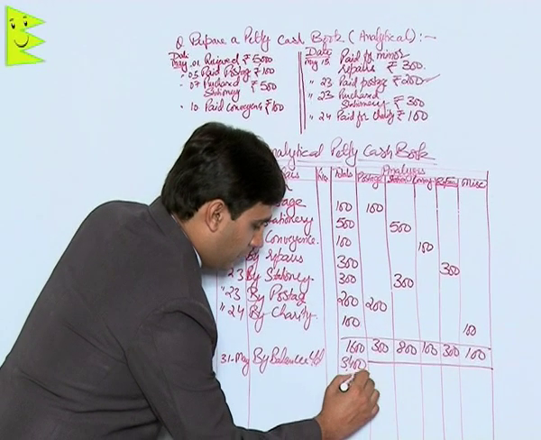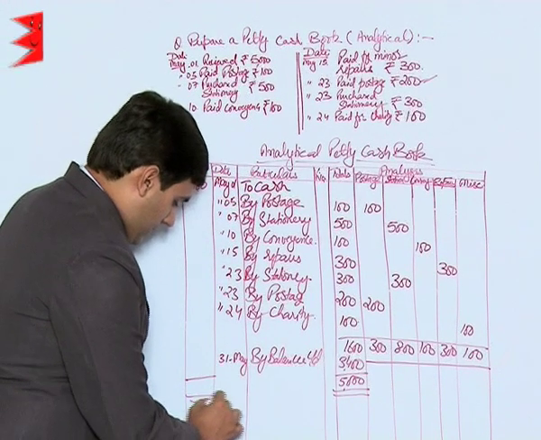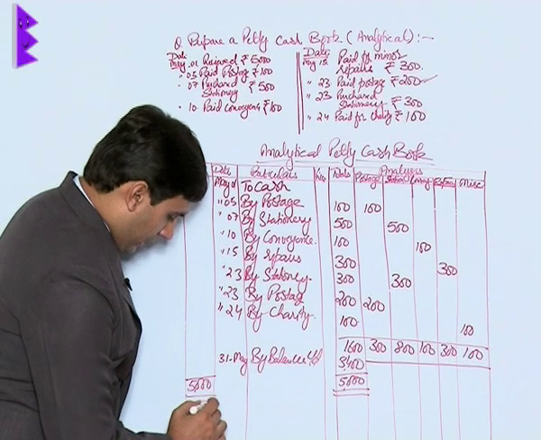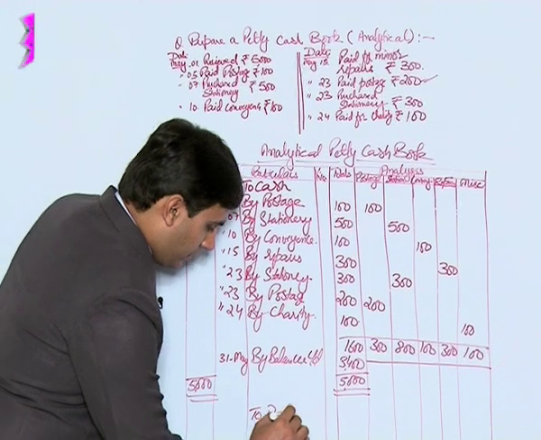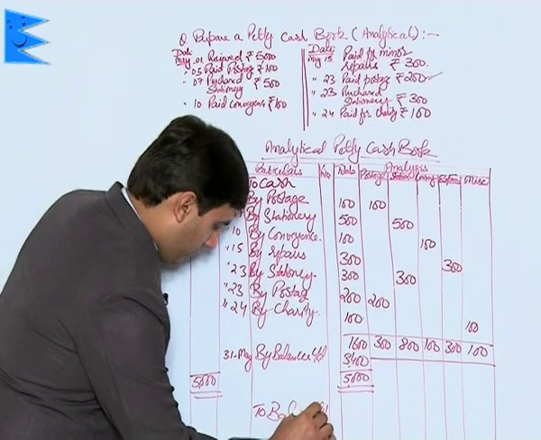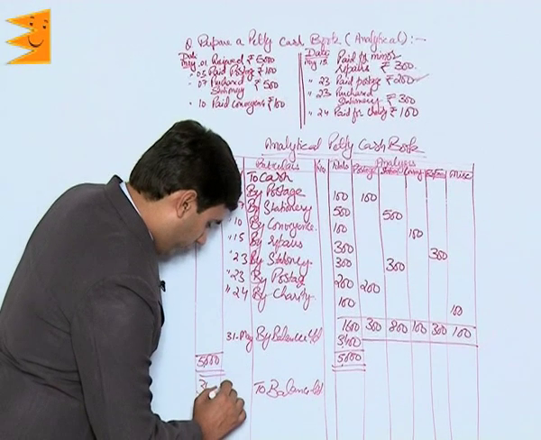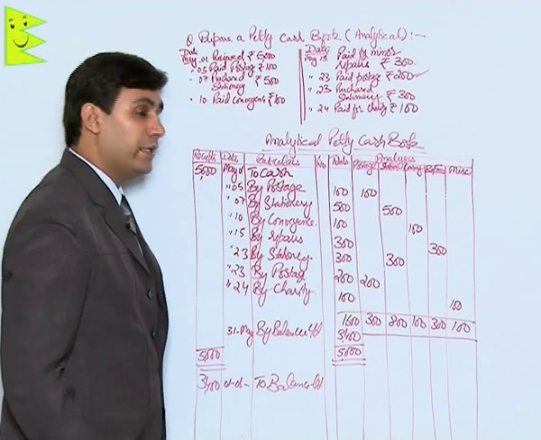And the total is 5000 in the totals column and receipts column. Again, we must bring down the balance, balance brought down 3400 on 1st June, whatever is the year.